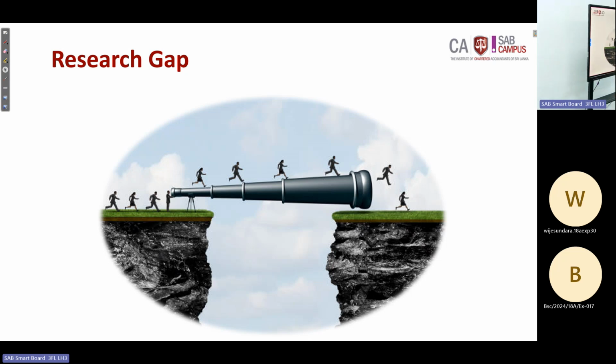Are we going to start the research with a broader perspective? Yes or no? No. When we are identifying the research problem, we have a narrow idea regarding our research problem. So what are we going to do? We are going to initiate something new.